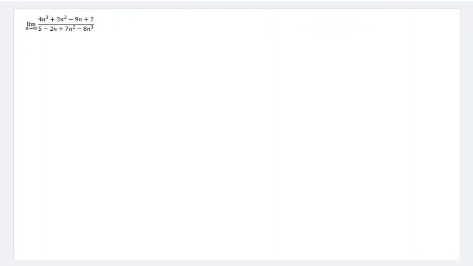Let's have our last example. Let's say we have this sequence (4n³ + 2n² - 9n + 2)/(5 - 2n + 7n² - 8n³). So we apply L'Hopital's rule.